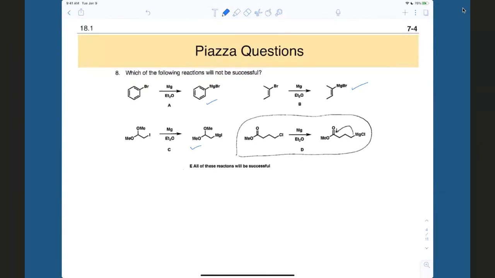So I have this arrow drawn from this Grignard because it could do an intramolecular attack onto this ester. So we would expect this Grignard not to be a stable Grignard. It would actually keep on reacting to eventually make this ketone.